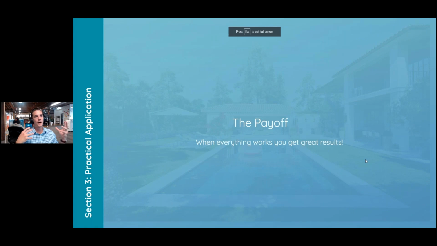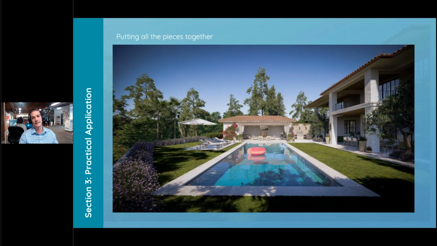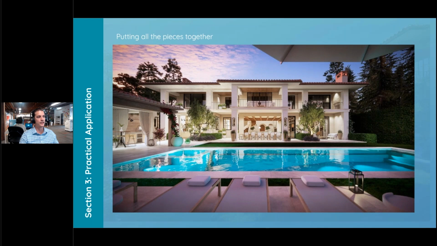Now, I threw a lot at everybody today, but the great part about this is the payoff. When you do get all of your assets into the scene, you can get some really highly detailed content out of Enscape. Everything that I've shown here is an Enscape rendering, and short of some very light post-processing in Photoshop to adjust colors and tweak little things here and there, these are all just pretty much raw Enscape renderings.